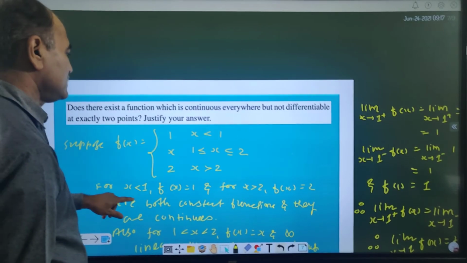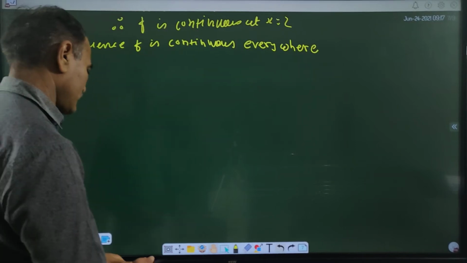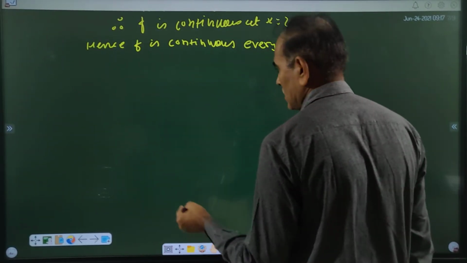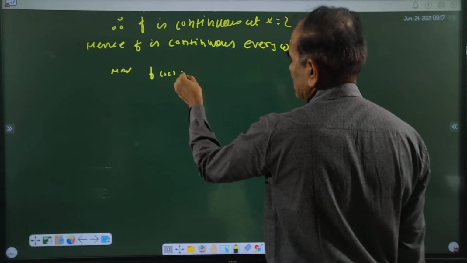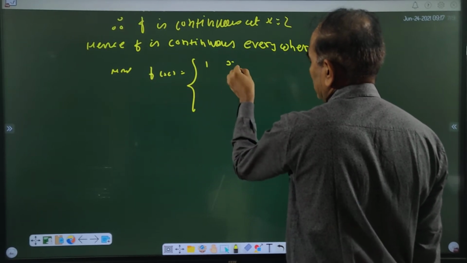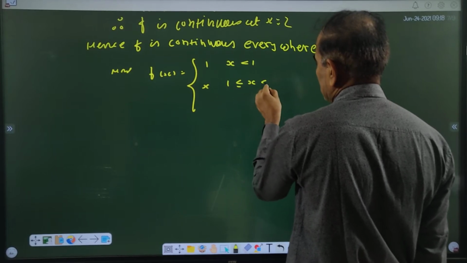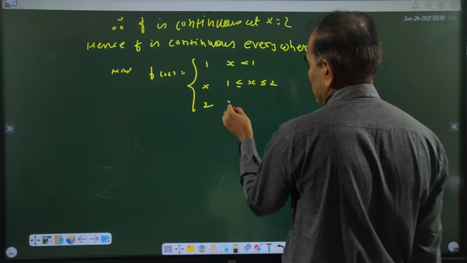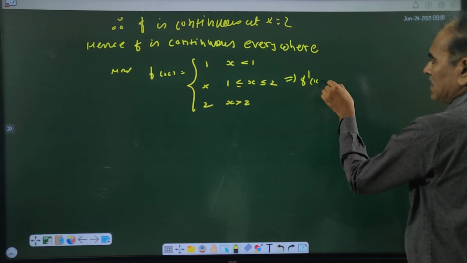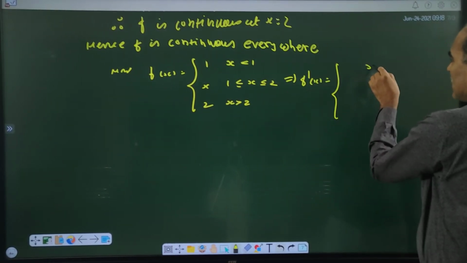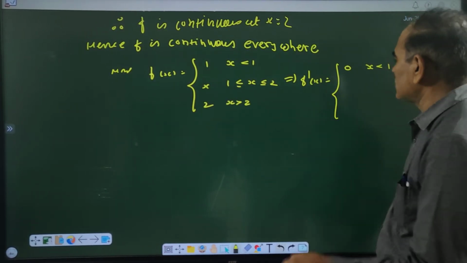Now, say f(x) is this one: f of x is equal to 1 for x less than 1, x for 1 less than or equal to x less than or equal to 2, and 2 for x greater than 2. This implies f dash x for x less than 1 is 0, a constant function.